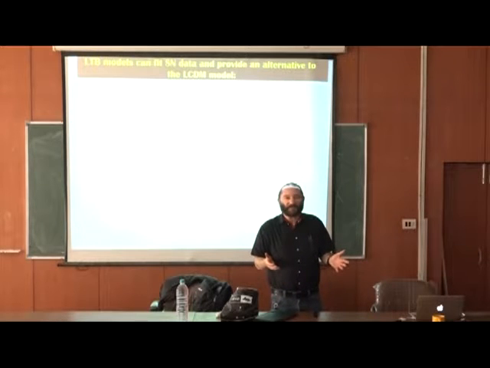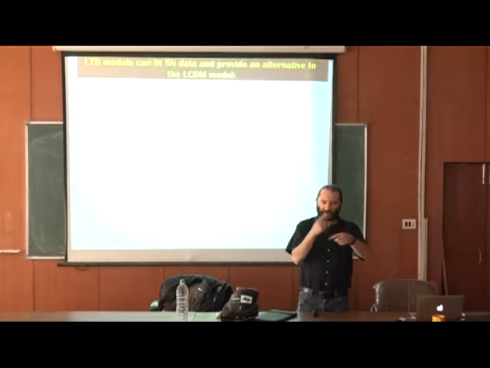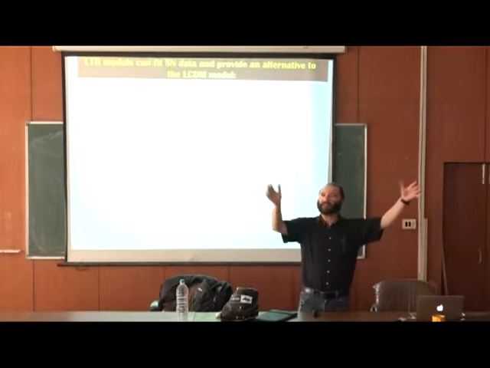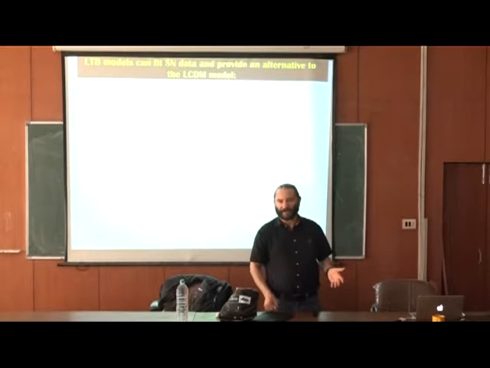Because then if the models don't satisfy all of them, then they are not providing an explanation. See? It's as if I have a gravity theory, and I can explain solar system experiments, but I cannot explain galactic dynamics, and there has to be something wrong with the theory, right? Or vice versa, I can explain acceleration of the universe, but I cannot explain black hole physics or solar system. Then that theory shouldn't be correct.